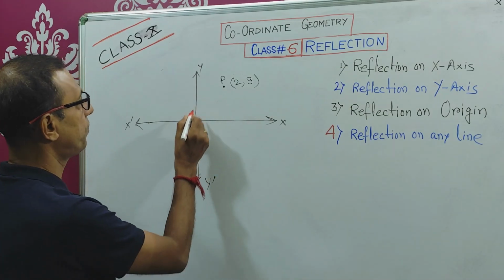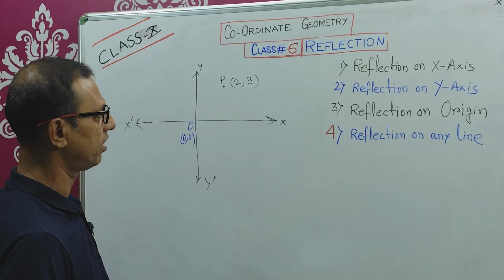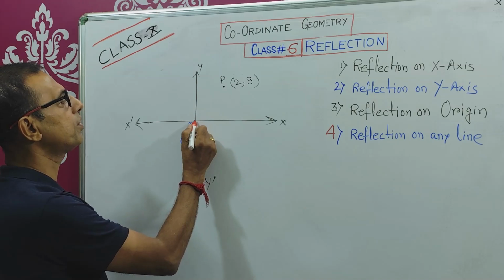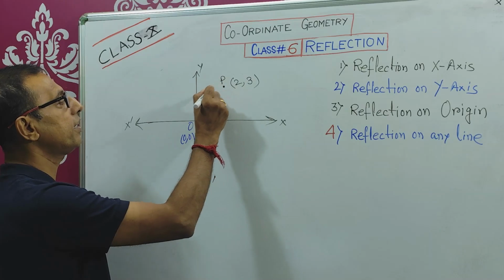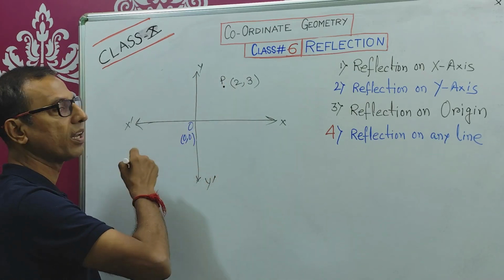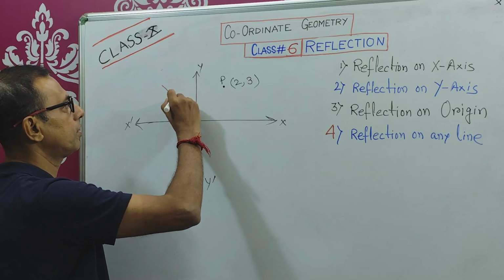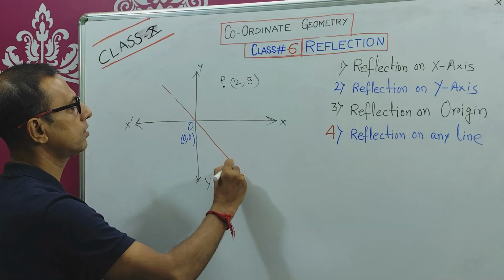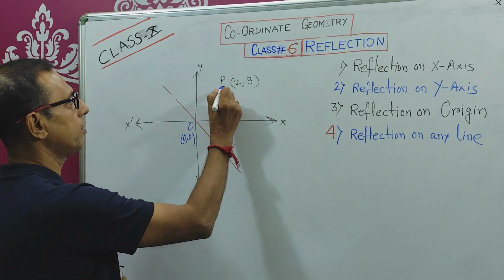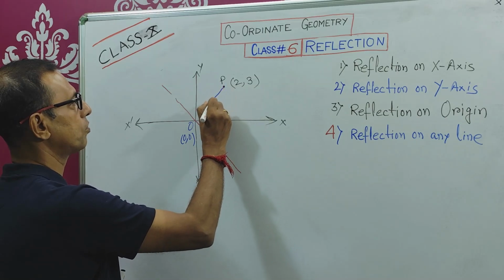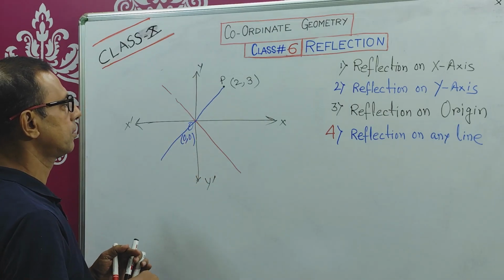Reflection on the origin, you don't need to remember, it is just logical. So reflection on the origin means which is the line? Because the mirror line and the reflection line have to be perpendicular, that means through the origin, this is the mirror line and this is the perpendicular you need to draw through the origin.